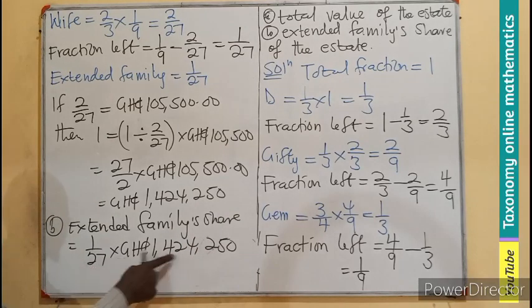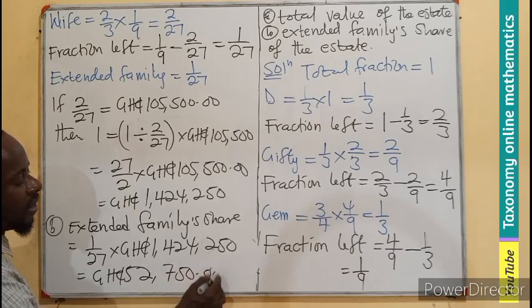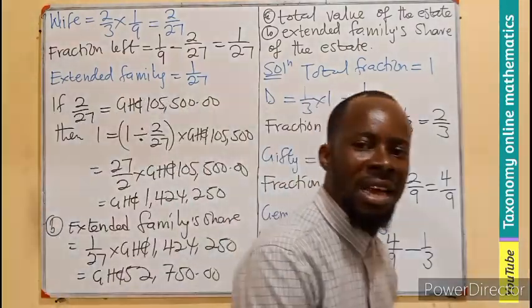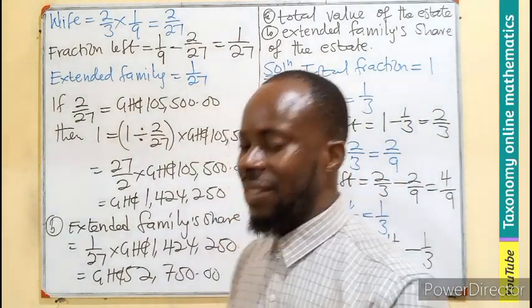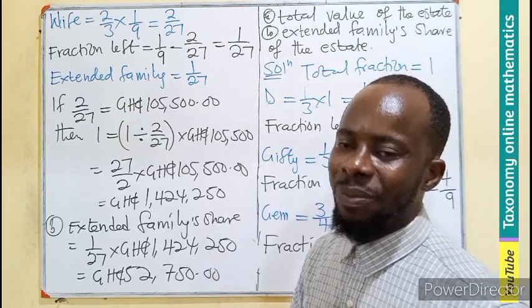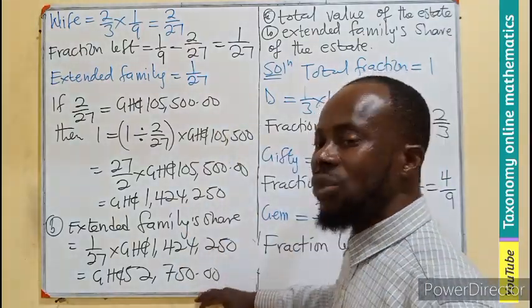Dividing this will give us 52,750 Ghana cedis. If you check all this carefully, you can see that we are following step by step, fraction spent, fraction left. We are able to follow through and get to the end.